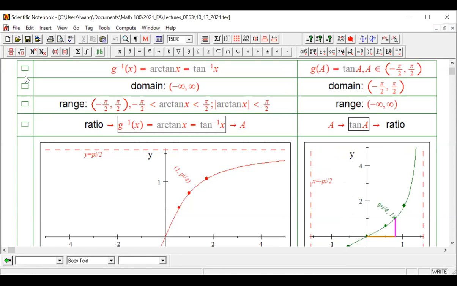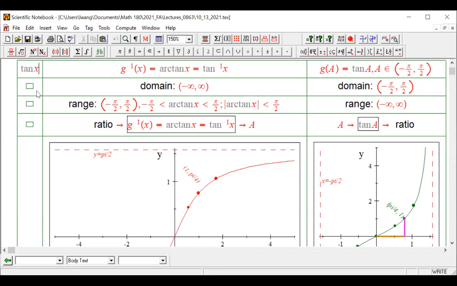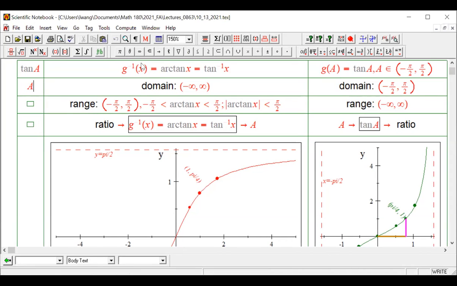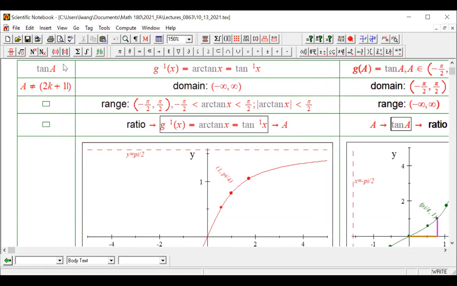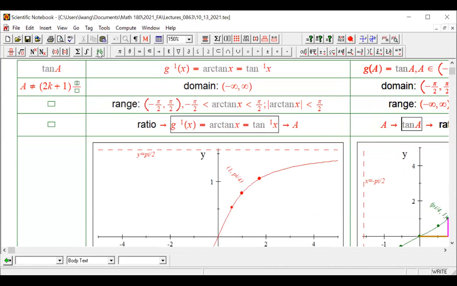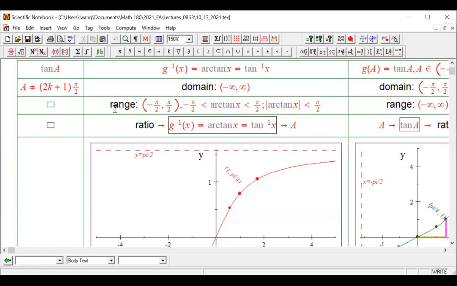When we talk about tangent, we always refer to that tangent with domain that can be any real number but odd number multiples of pi over 2, and the range is always from negative infinity to positive infinity.